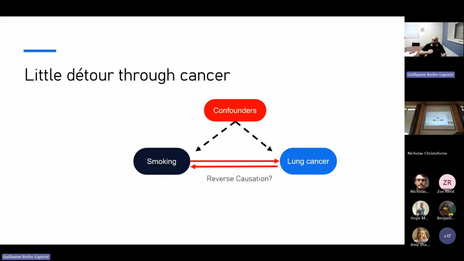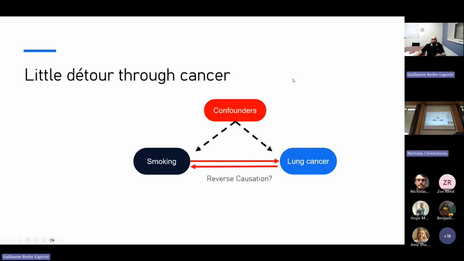Reverse causation was actually used by the tobacco industry to argue that smoking is good for you, because people who are predisposed to lung disease, including cancer, seek relief, and smoking gives them relief. So what you see is reverse causation. Now, we know it's nonsense, but 70 years ago you had to be scientifically honest and think, maybe this could be true.